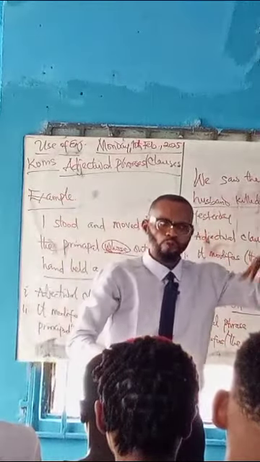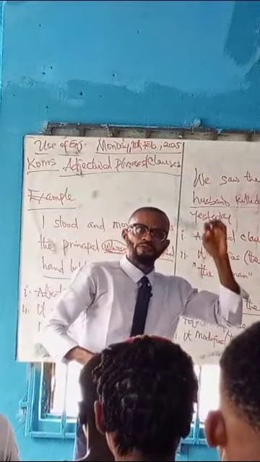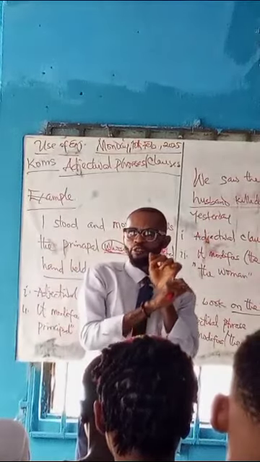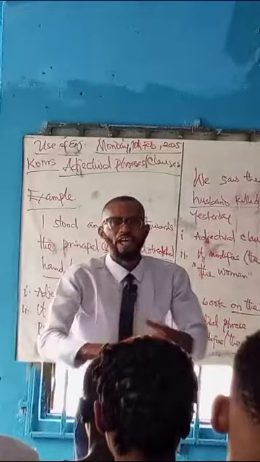That is, it does what an adjective does. If it is a line that does what an adjective does, you've solved part of the problem. Okay? It means it is an adjectival.